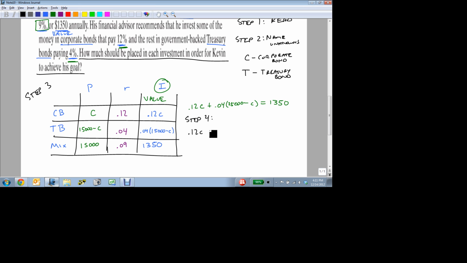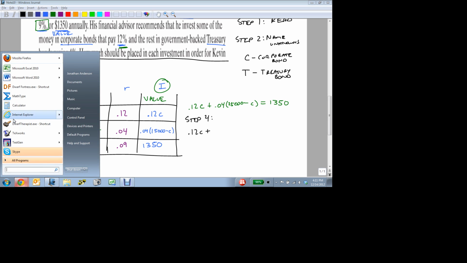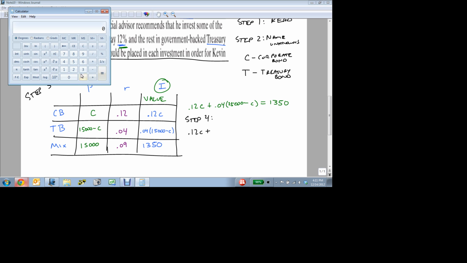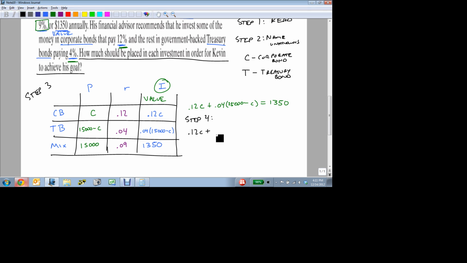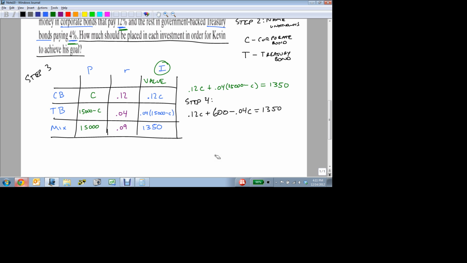So we're going to start by distributing. We're going to grab a calculator for this. 0.04 times 15,000 is 600. Minus 0.04c equals 1350. We'll combine like terms. We get 0.08c plus 600 equals 1350.